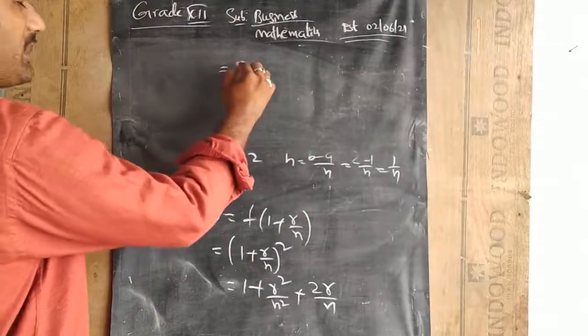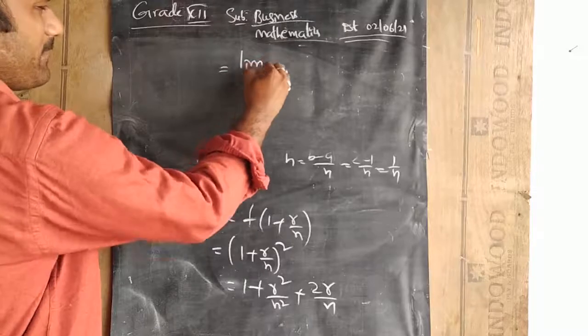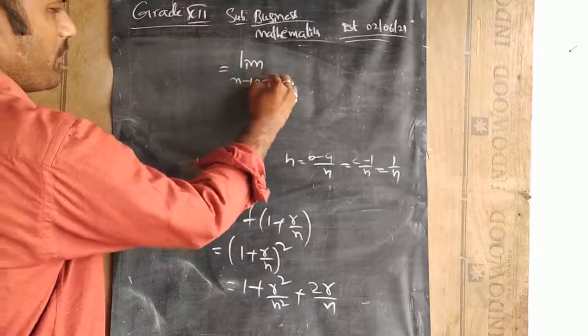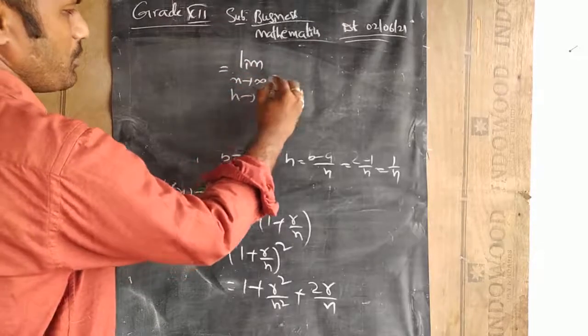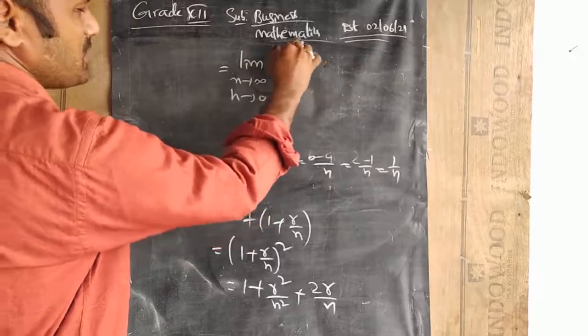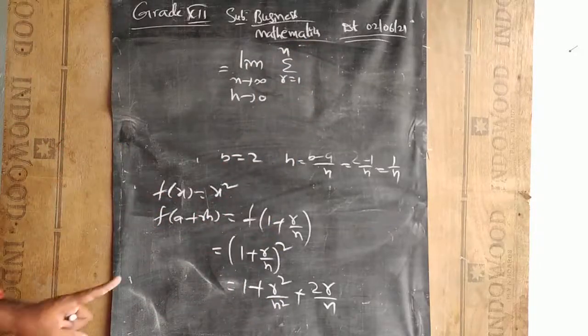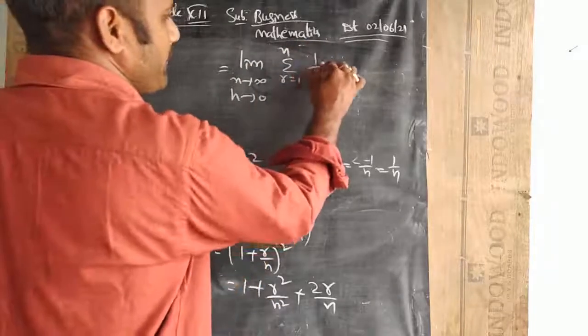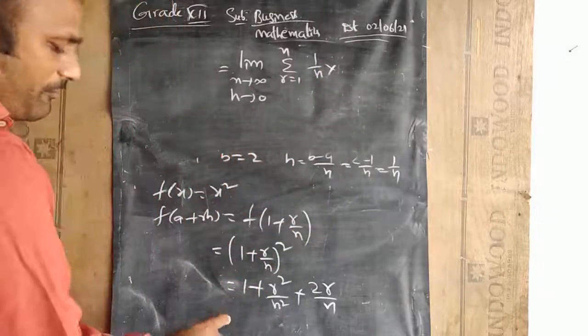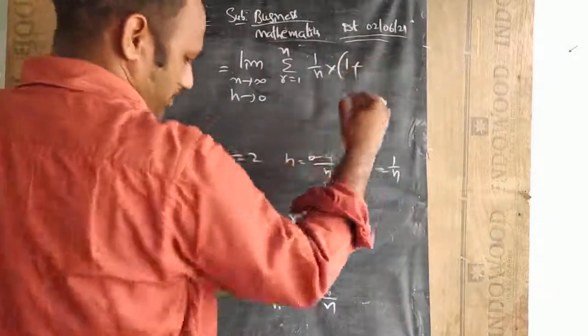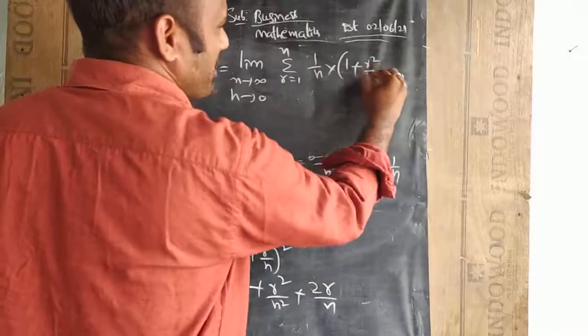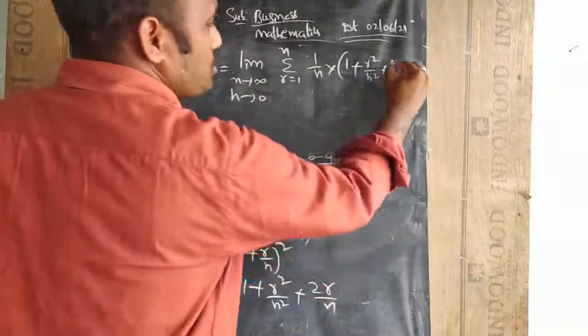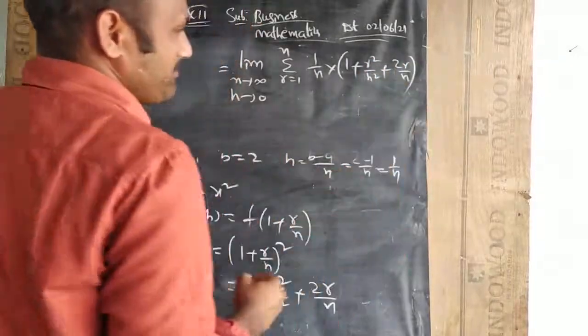So it is equal to limit n tends to infinity and h tends to 0, summation r equals 1 to n. What is the h value here? 1 by n into f of a plus rh, which is 1 plus r square by n square plus 2r by n.